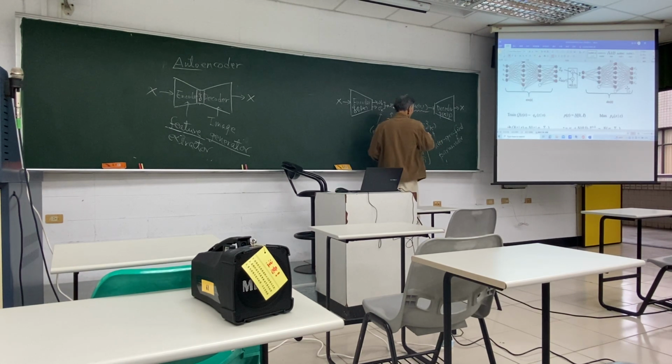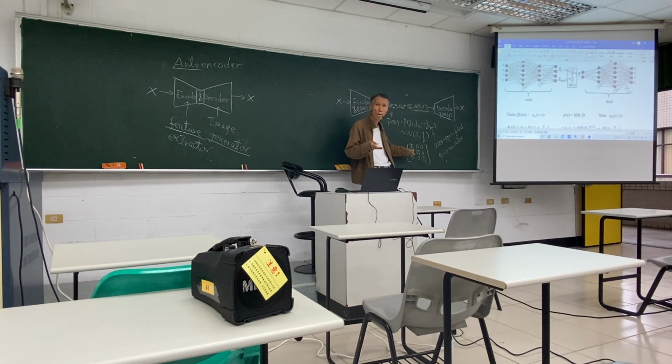If K equals 3, then actually it can be a covariance matrix, but we simply assume it's a diagonal matrix. So we estimate the standard deviation for each one. We don't find the covariance between feature 1 and feature 2, and feature 2 and feature 3.